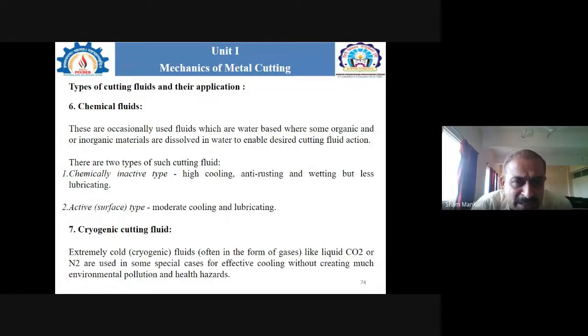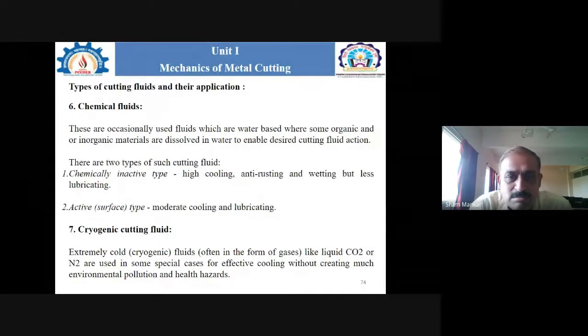Being a mechanical engineer, while selecting this particular type of cutting fluid, apart from those 5, there is one more important point. Can anyone mention or elaborate that point?